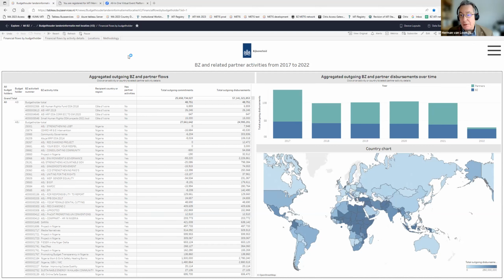And this is a list of all the activities of ourselves, of the Netherlands Ministry of Foreign Affairs, and of course, as Thea explained, 80% of our funding goes through intermediate organizations. And that means that we do only about 20% of our activities directly earmarked in a country.